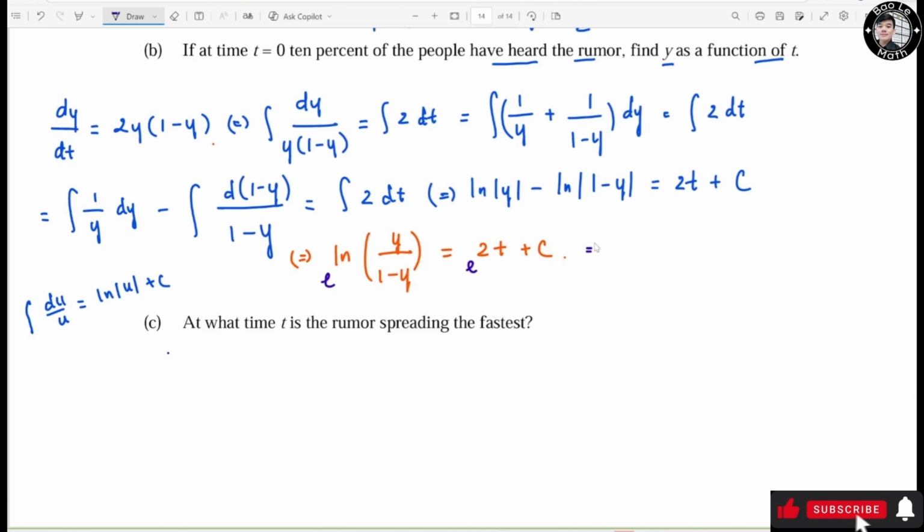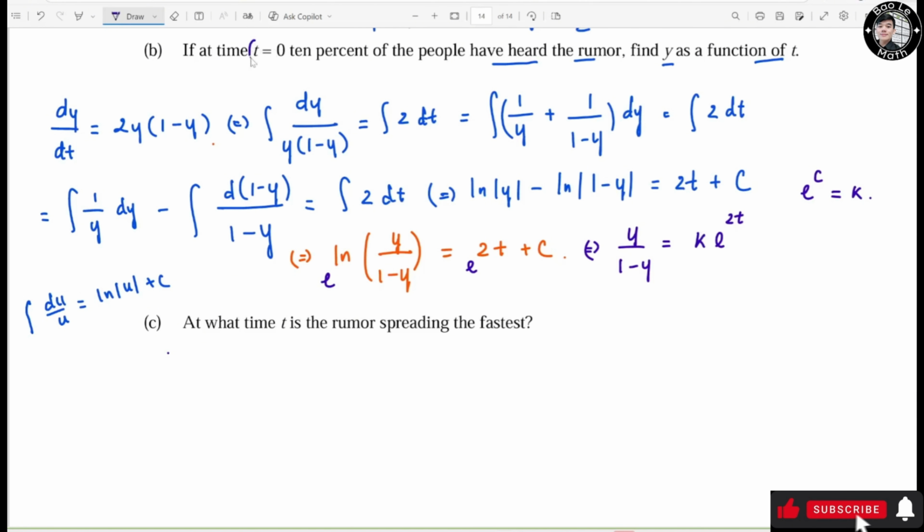So this turns out to be y/(1 - y) = e^(2t) times e^c. But e^c is a constant, so I name this one k. So I'm going to end up with k times e^(2t).